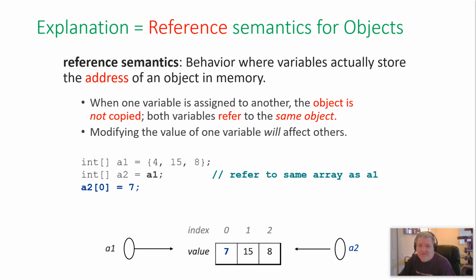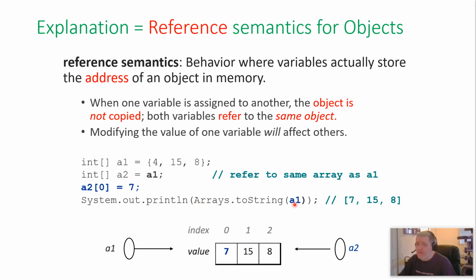And that's it. So you see that I could have used A1 or I could have used A2 to access the element, and that's going to work. Proof that it works, and that the same array is modified: when I go back here and say I want to System.out.println the content of the array that is referred to by A1, I use a nice trick here: Arrays, uppercase A, the name of a class in Java, dot toString.